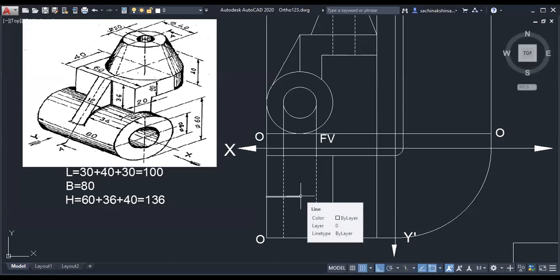34. No, not 34. This is 60. No, width is 36. 60 for the middle part. It is 60. And from the center again, how much distance upward and how much distance downward? 30, 30. From here again 30.